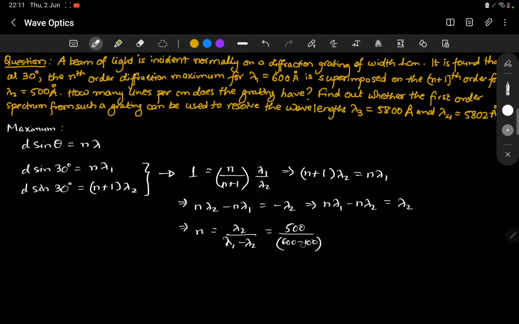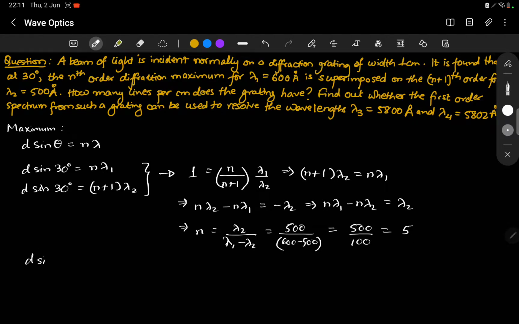Sorry, this is 600 minus 500 because lambda 2 is 500 angstroms and lambda 1 is 600 angstroms. So this gives us the following. So we find out the value of n, but we need to find out the value of d, the grating element. So we can plug this value of n back into this equation.